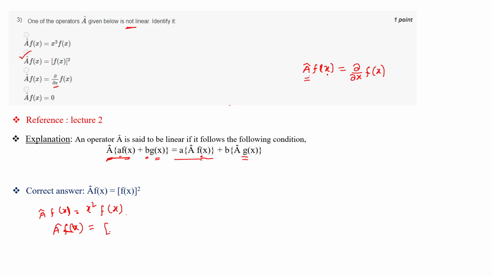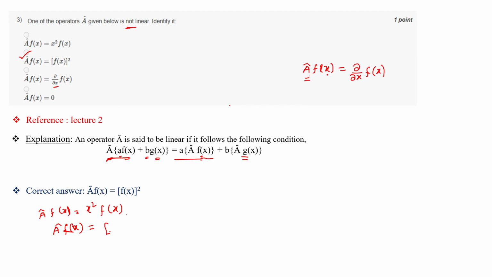In this case the function is intact, directly operated on. And here the function is getting squared. The function is not back, it is getting squared. So this operator cannot be a linear operator.